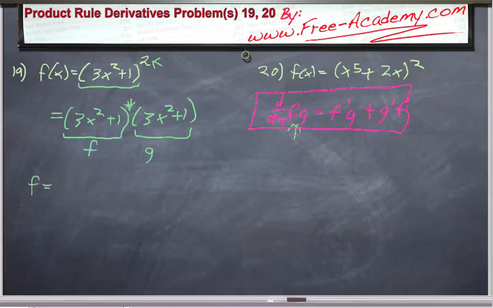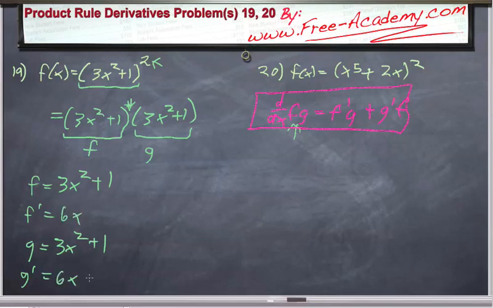And we get f is equal to 3x squared plus 1, g is equal to 3x squared plus 1, f prime, g prime, f prime is equal to 6x, g prime is also equal to 6x. Knowing this information, we have f prime, g, and g prime. Let's plug everything into our product rule formula to get f prime of x.